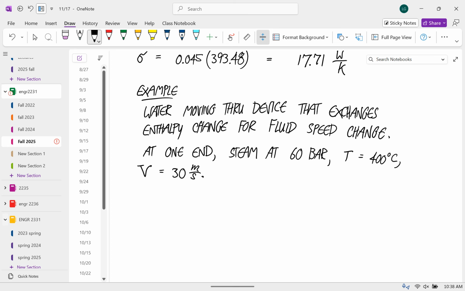At the other end, it's saturated steam, saturated vapor, with a pressure of 30 bar. And our question is, is this a nozzle or a diffuser?